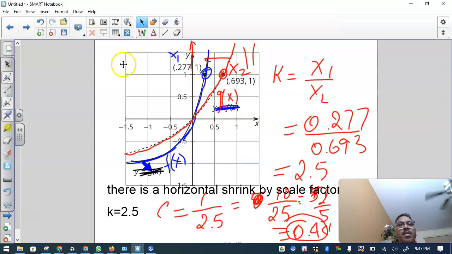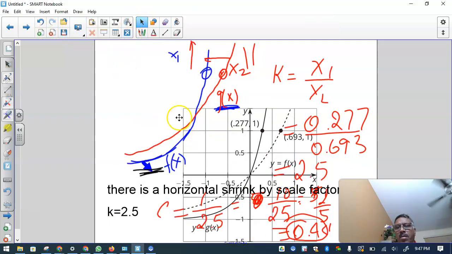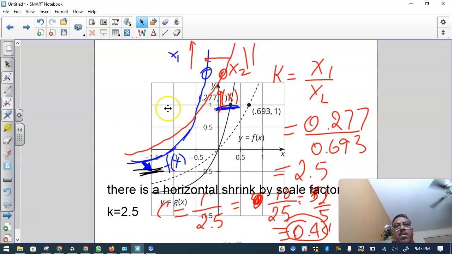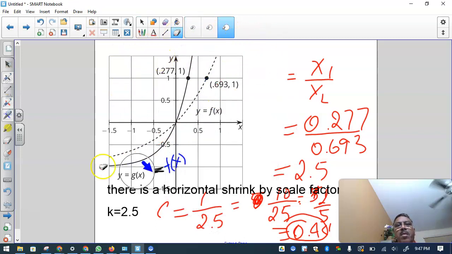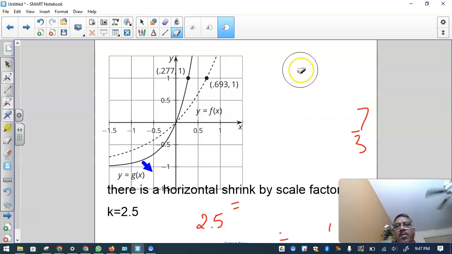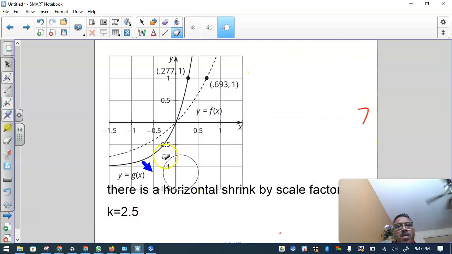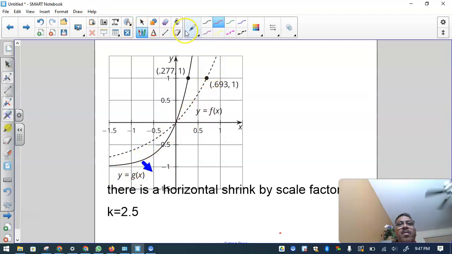Let me cancel this. Okay, so this is problem number 3. And now the question is, which one is f(x) and g(x)? So g(x) is the solid, dotted is the, so let me use the blue color here.